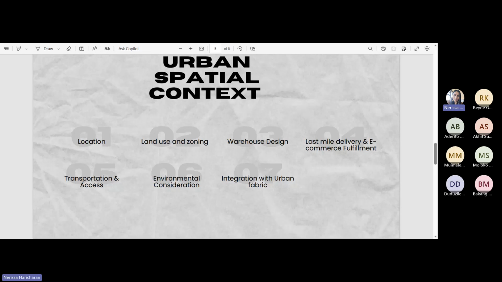When we're speaking of land use and zoning, the location of your facility in an urban area is influenced by different regulations.